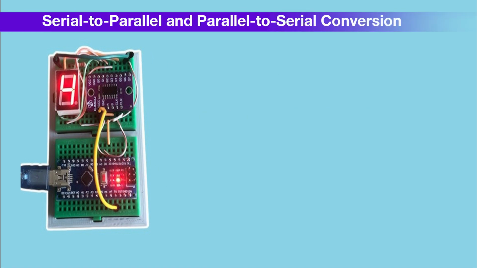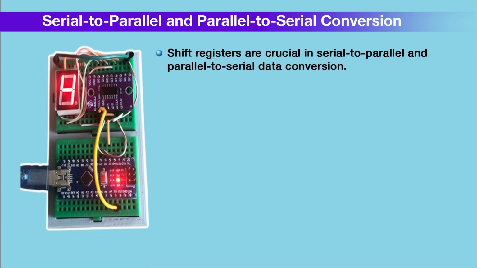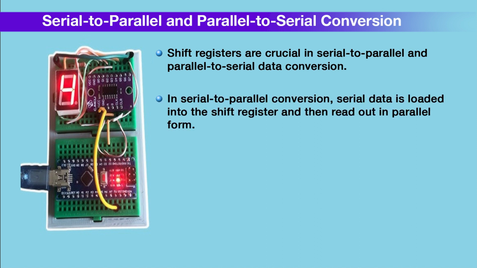First, serial to parallel and parallel to serial conversion. Shift registers are crucial in serial to parallel and parallel to serial data conversion. In serial to parallel conversion, serial data is loaded into the shift register and then read out in parallel form.